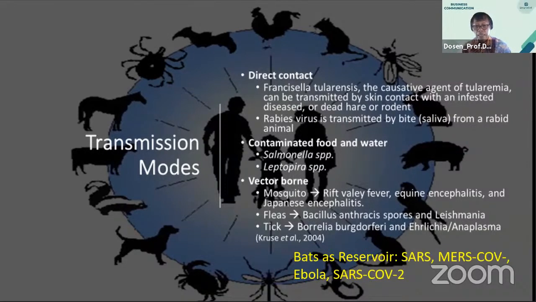This is the biggest source transmitting disease from animal to human being. Like we had the SARS problem, then MERS-CoV, Ebola, and SARS-CoV-2 for COVID-19. They predicted this came from wildlife, also from bats.